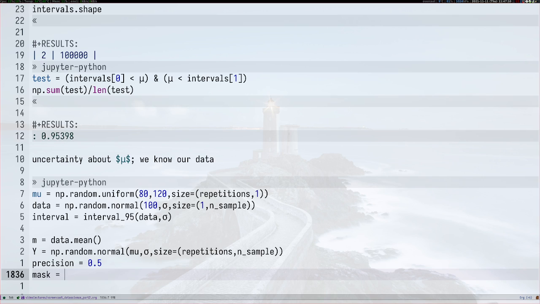Now here we get to the important part in the Bayesian approach. We're going to define a mask because we're not interested in all the different samples that have been generated here.